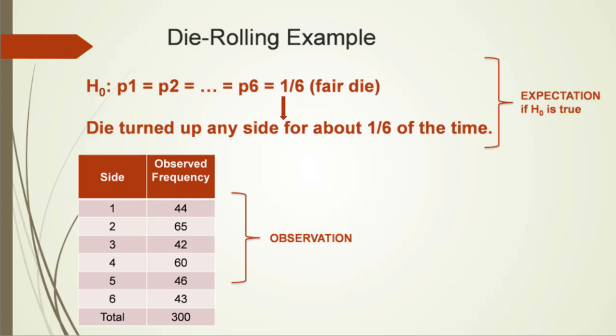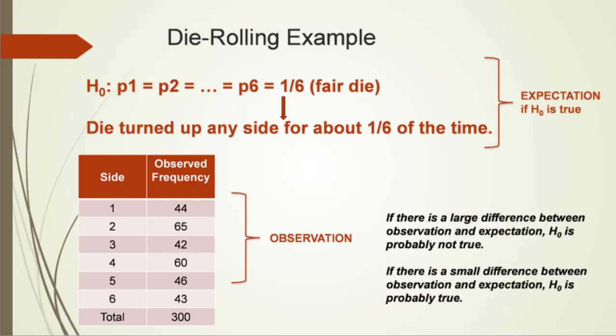What we want to test here is to compare the difference between this expectation with our observations using those 300 rolls. If there's a large difference between observations and expectation, the null is probably not true. If there's a small difference between observation and expectation, then the null is probably true.